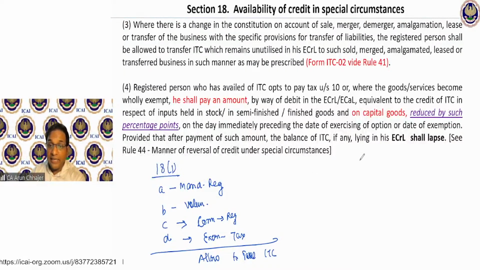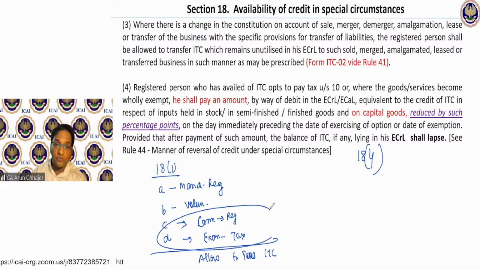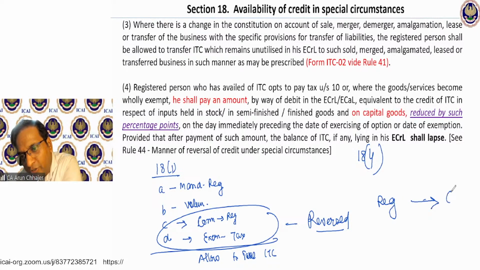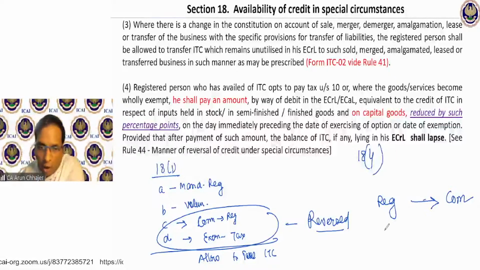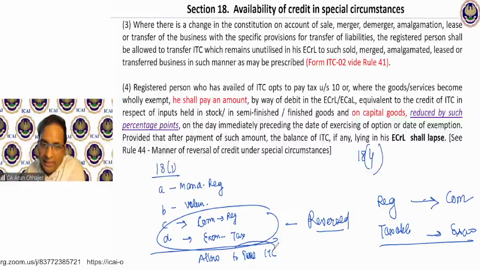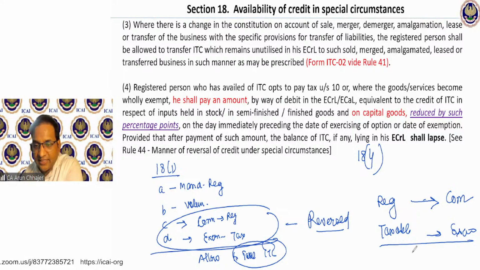Now, 18 subsection 4, we are talking about these situations just reversed. Reverse means I have converted my number from regular to composition, or my supply which was taxable now becomes exempt supply. So here I am taking the ITC, but in the reverse case, I will reverse the ITC.